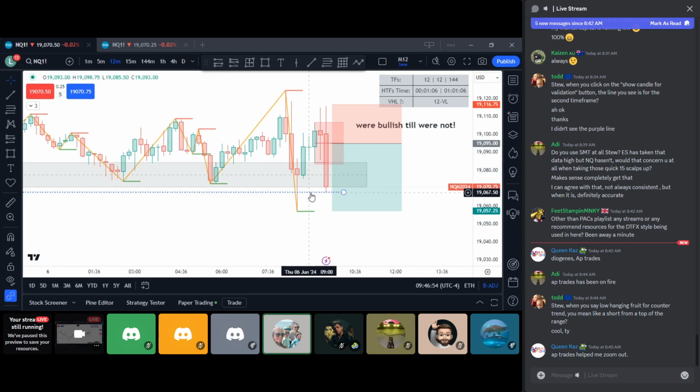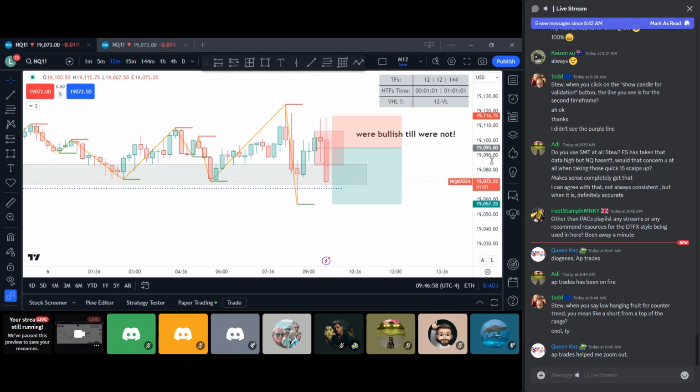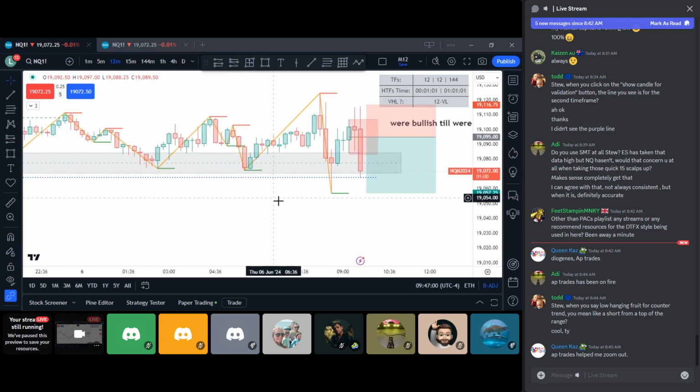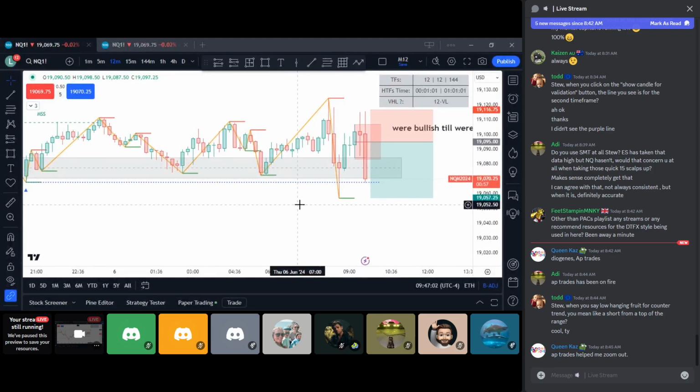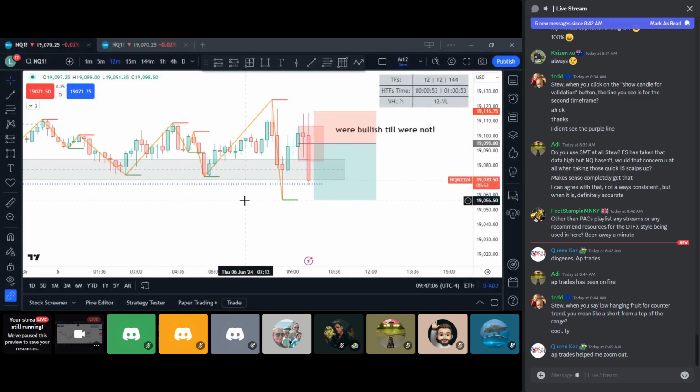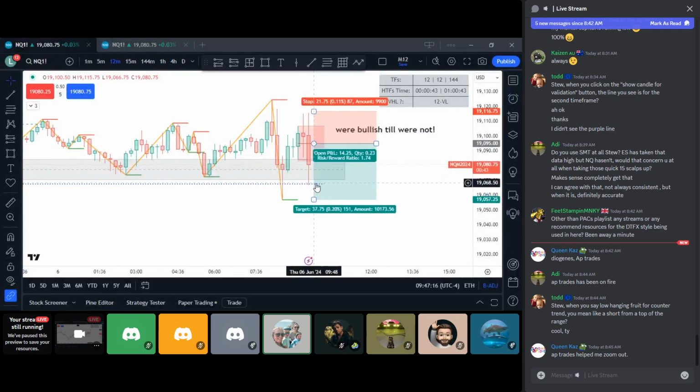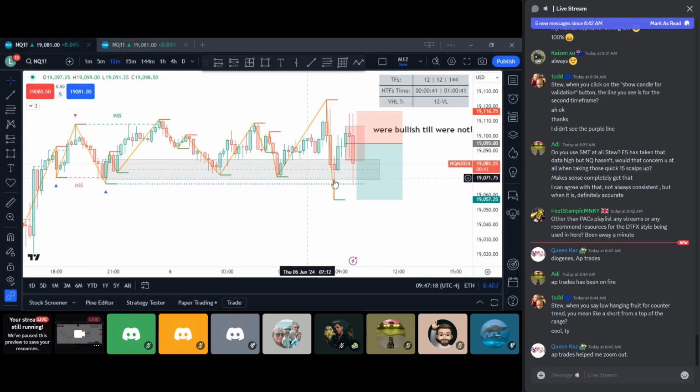Let's see if it takes out this protected low right here. Look at that. Again, off the protected low.